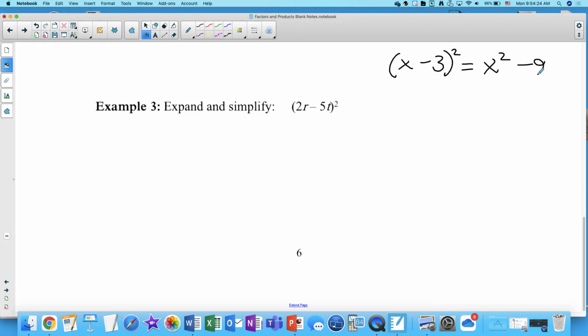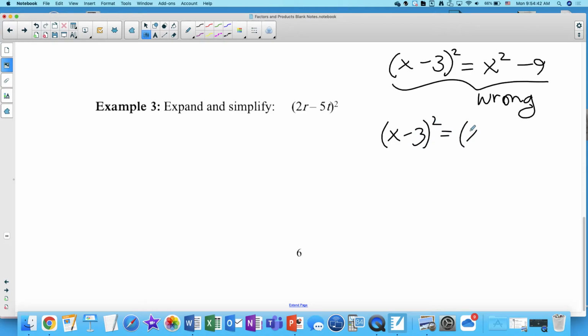So this is actually wrong because this means x minus 3 times x minus 3. Now we need to make either a 2 by 2 box or do distribution, right?